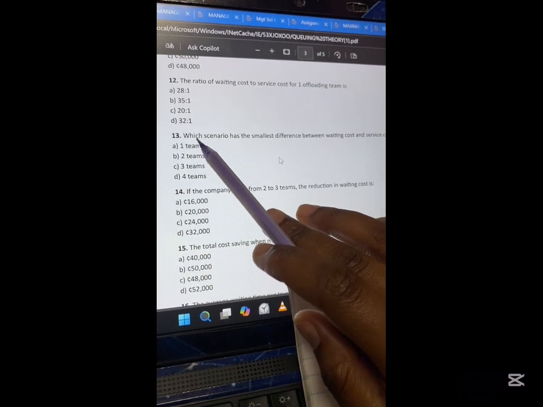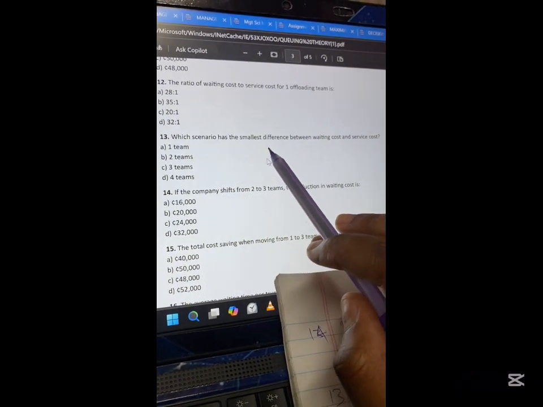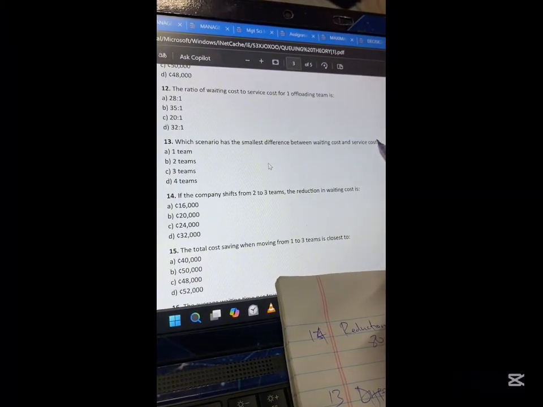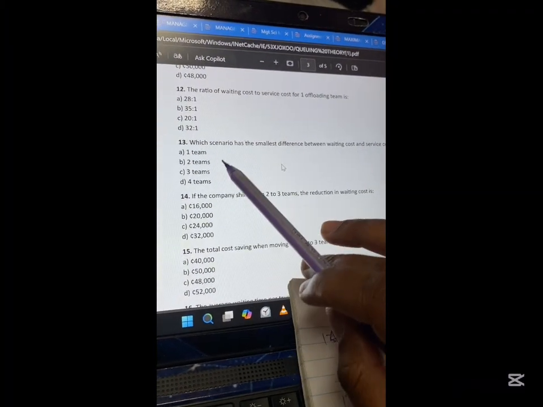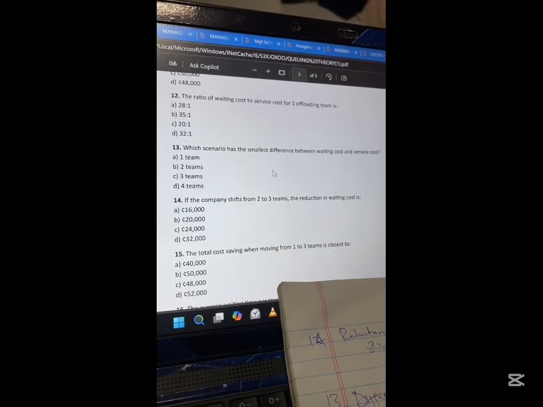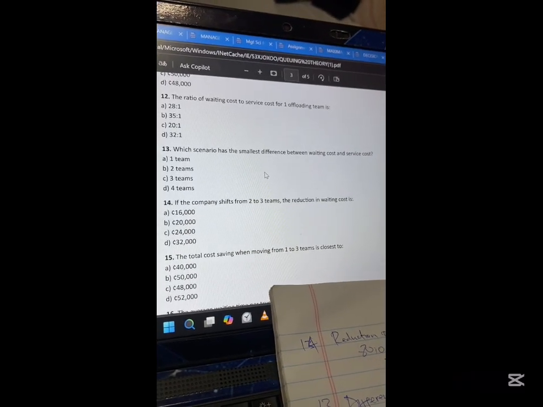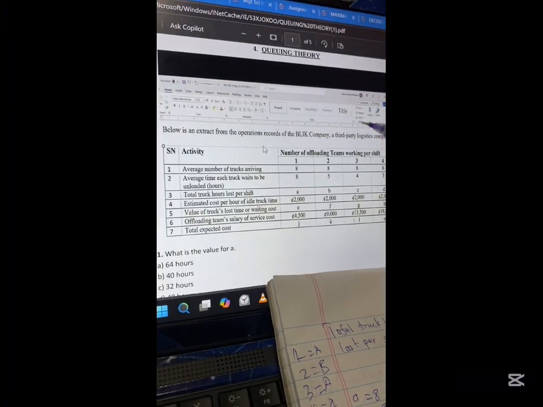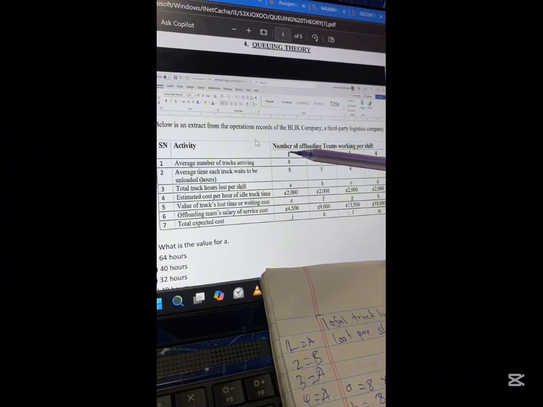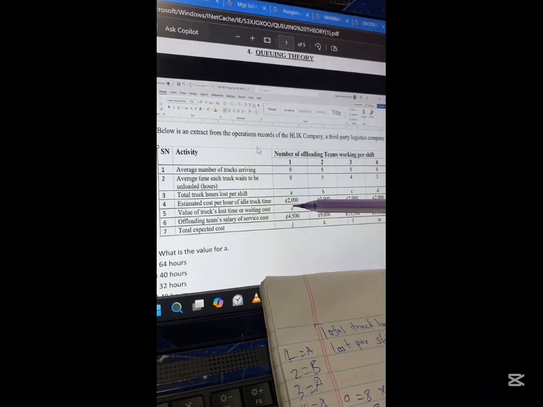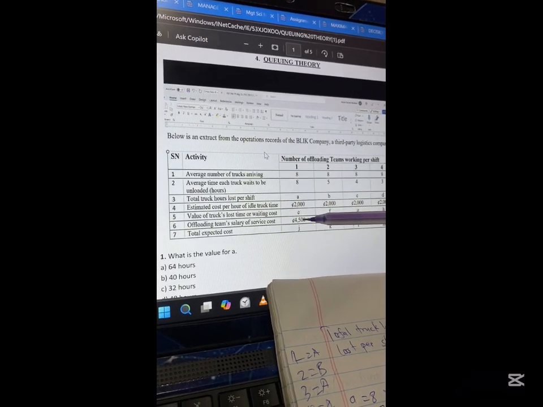Question 13 says, which scenario has the smallest difference between waiting cost and service cost? So we are looking at the teams. We are given the waiting cost and the service cost. So let's go back to the question. For team 1, the waiting cost was E and the service cost was 4,500.